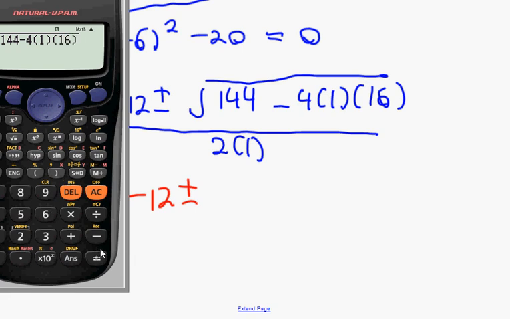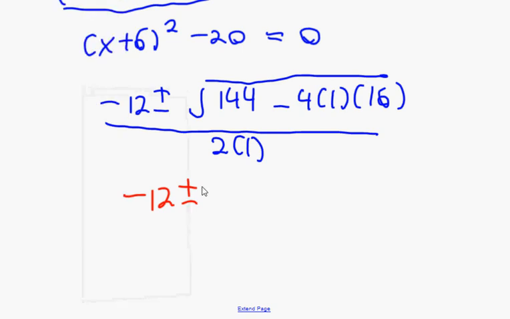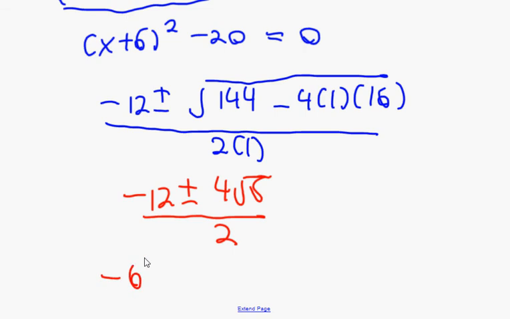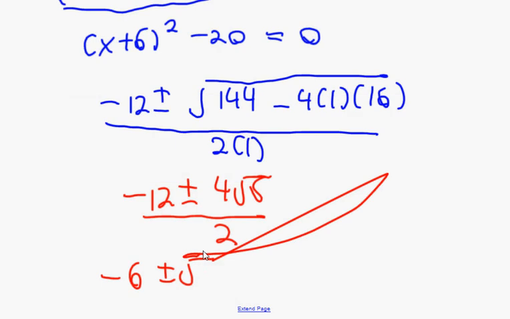And what we're going to get here is 4 root 5, 4 root 5 all over 2. Now, you can trust your calculator to this, but it's going to be minus 6 plus or minus root 5. There's your answer there.